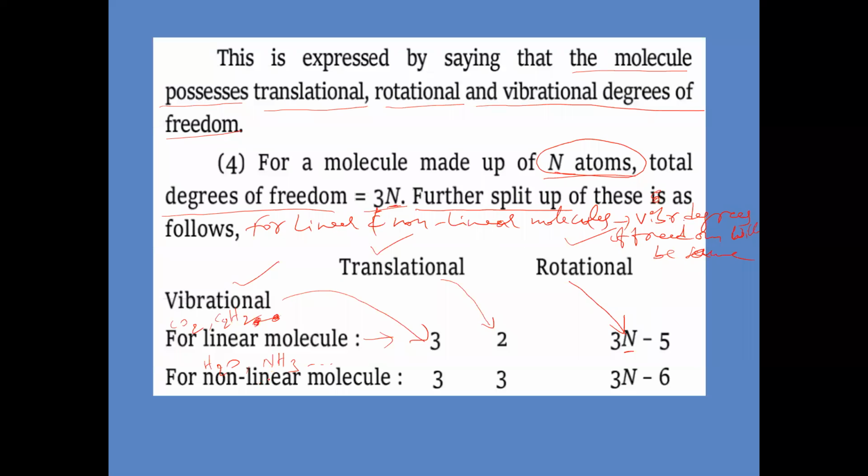And for these 2 types of molecules, what will be the same here? Vibrational degrees of freedom will be the same for linear molecules and non-linear molecules. Translational degrees of freedom will be 2 for linear molecules and 3 for non-linear molecules.